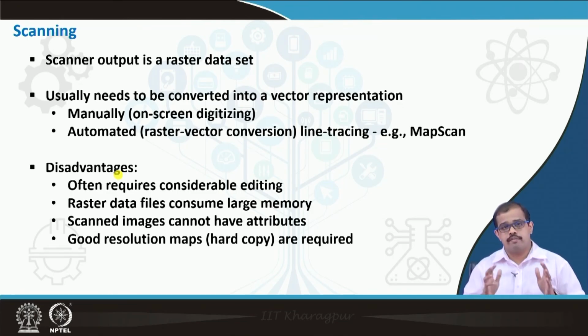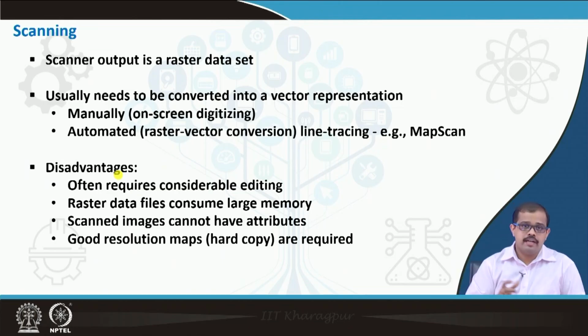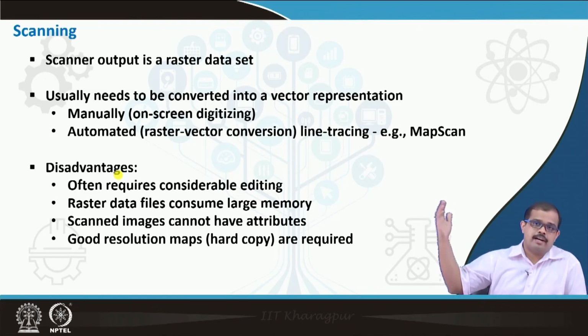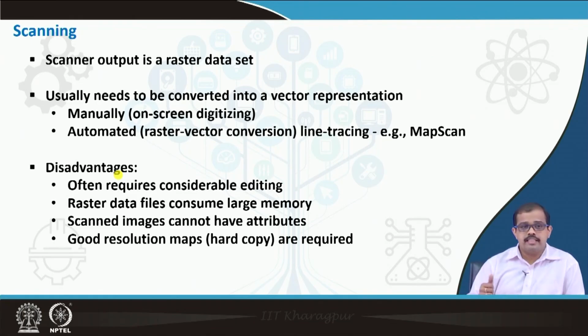The data that you have created, maybe through digitizing, may sit at about 50-60 MB depending on the size of data or the area considered. But raster data may go up to 1, 2 or 3 GB, or even hundreds of GBs depending on the area considered. But scanned images cannot have attributes, keep that in mind.